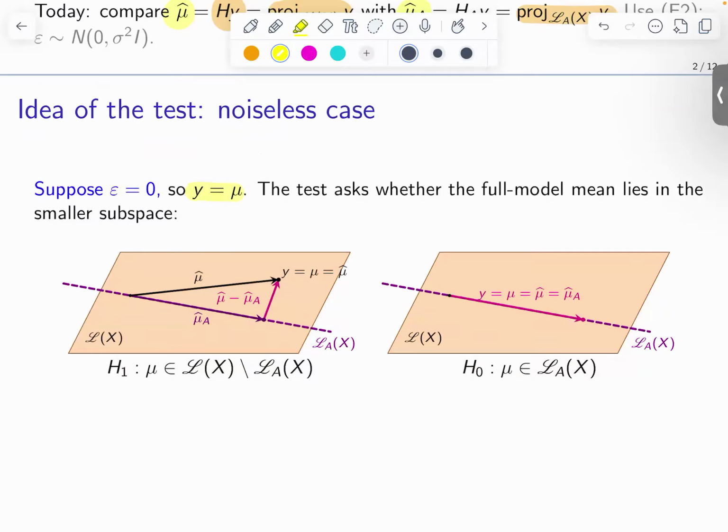So under H1, I just know that mu is in L of x, but not in L of x tilde. So if I plot L of x, let's say this plane, then L of x tilde is the subspace under the null model for the mean of y, it would be some smaller subspace, let's say this line.